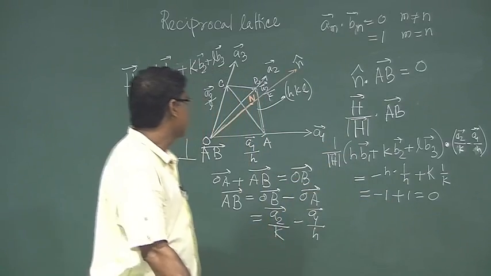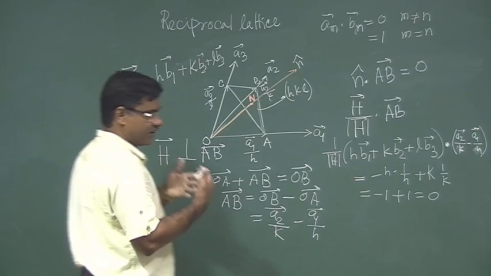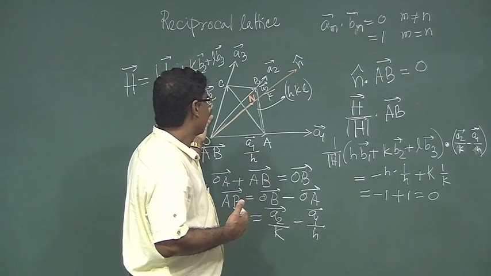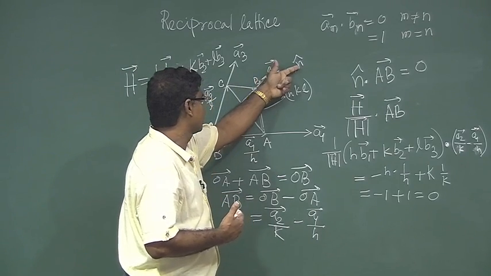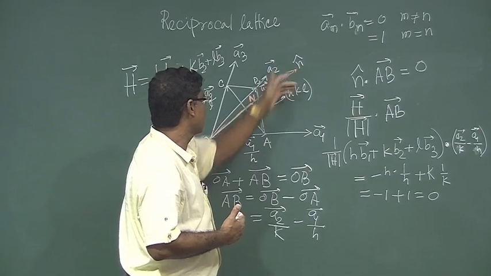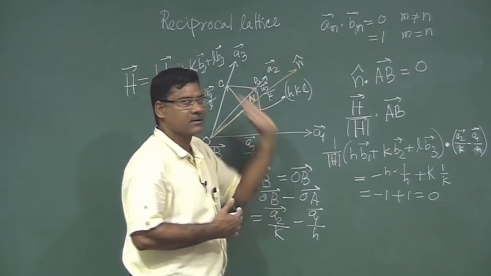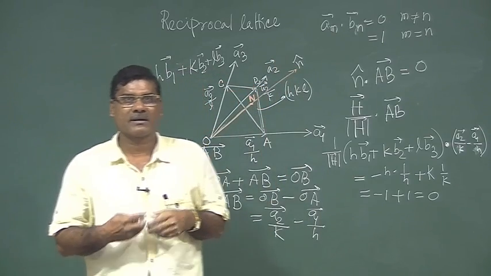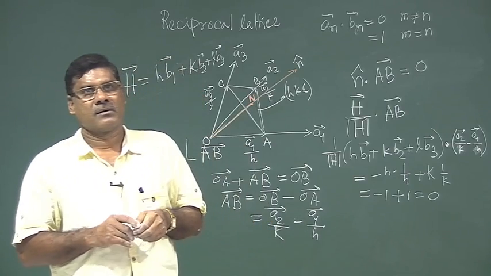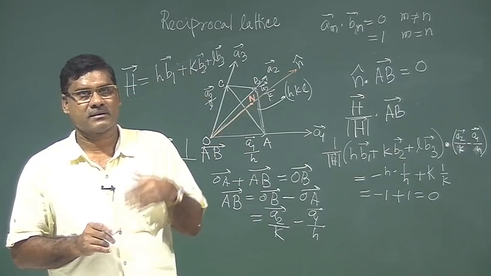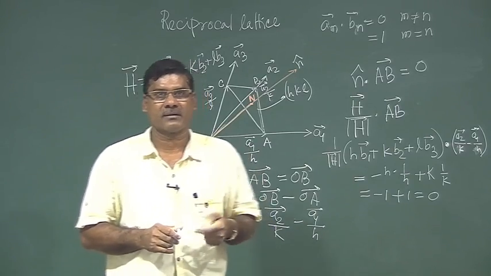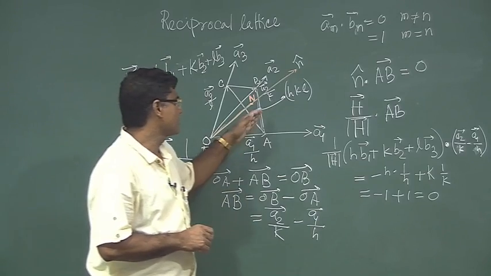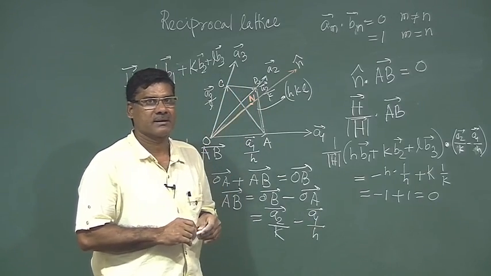So if this is normal to two vectors on this plane, one can tell that it is the normal to that plane which contains these two vectors. Okay.